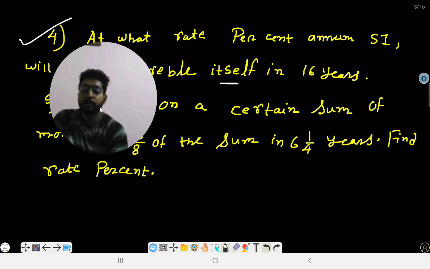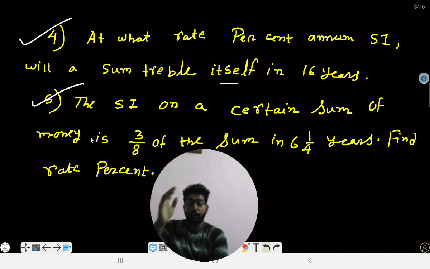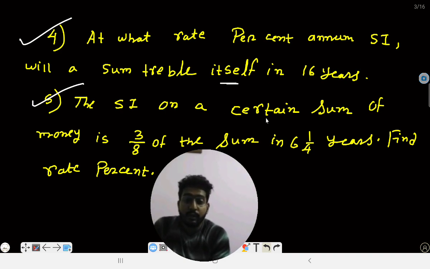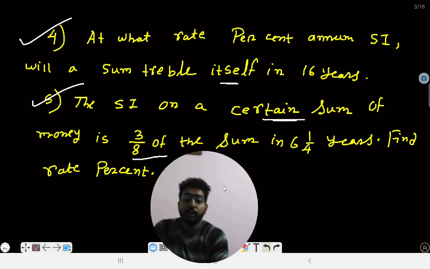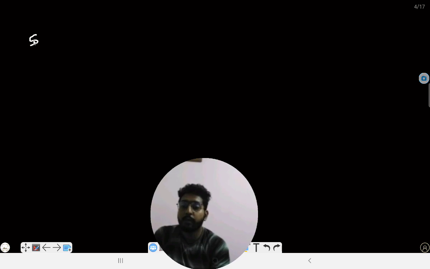Now practice this one. Now question number 5. What is given in question number 5? The SI on a certain sum of money is 3 by 8 of the sum. That means the SI will be 3 by 8 of the sum. We don't know the sum, so let the sum be x first.